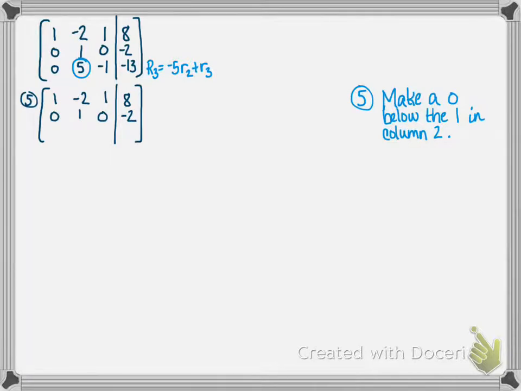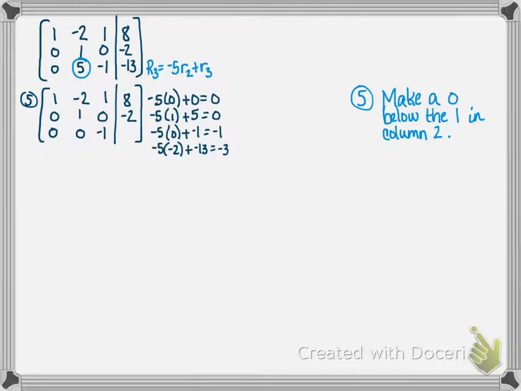But my new row 3 is found by multiplying my row 2 elements by -5 and adding it to the old row 3 elements. So -5 times 0 plus 0 is 0. -5 times 1 plus 5 gives me the 0 I need. -5 times 0 plus -1 gives me -1. -5 times -2 plus -13 is -3.